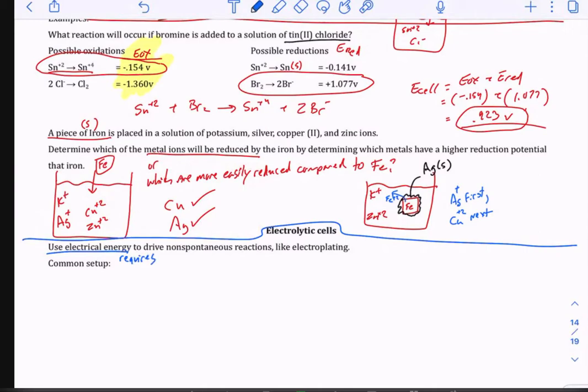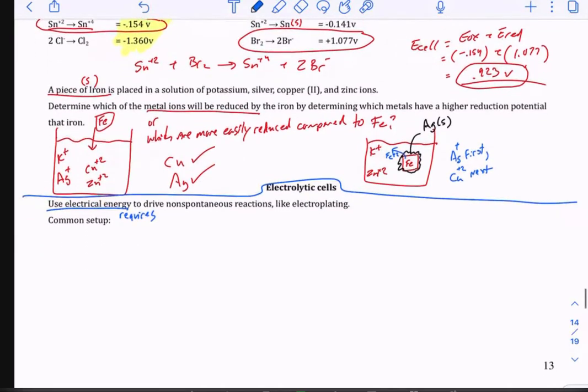In an electrolytic cell nothing will happen on its own unless you plug it in and turn it on. A light bulb is an electrolytic cell. Nothing happens to the light bulb unless you force electrons into it.